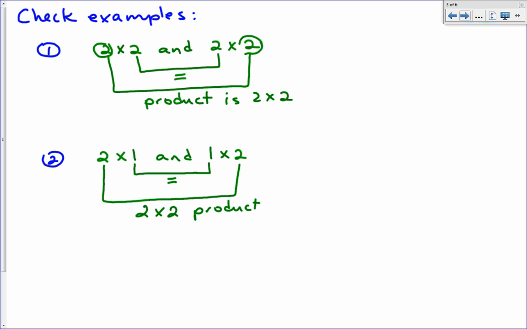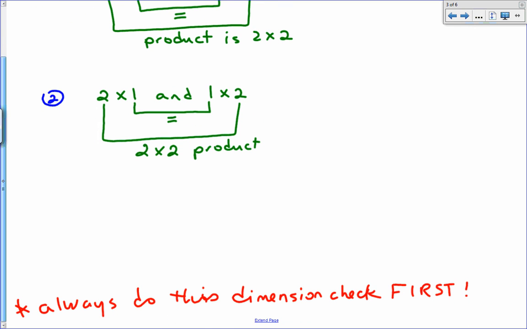Okay, this is very helpful, and in fact I would say it's mandatory. You want to always do this check first before you actually multiply matrices. Know what size your product is going to be.